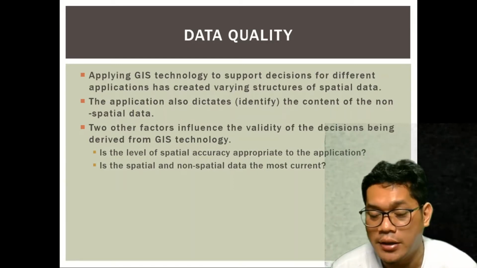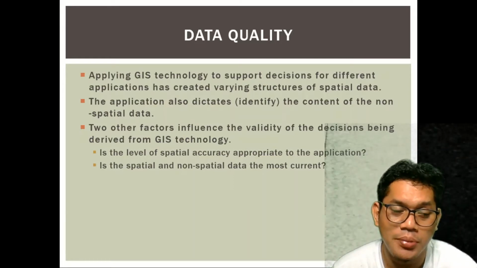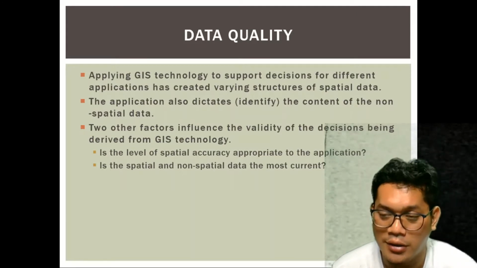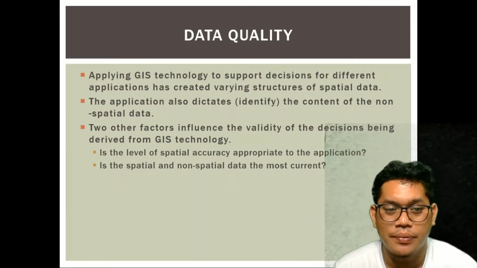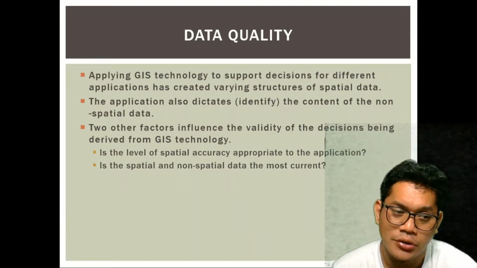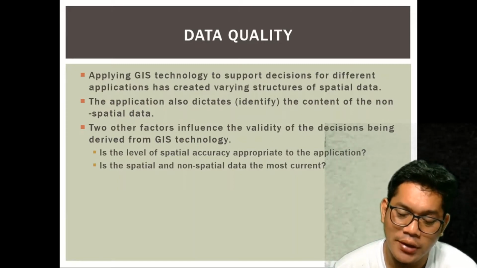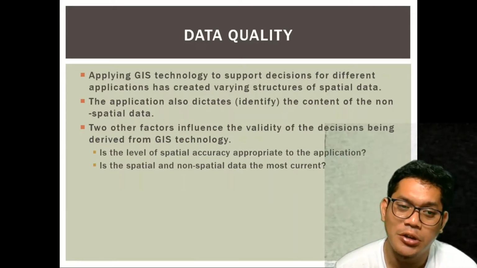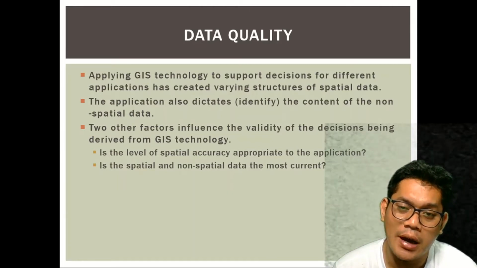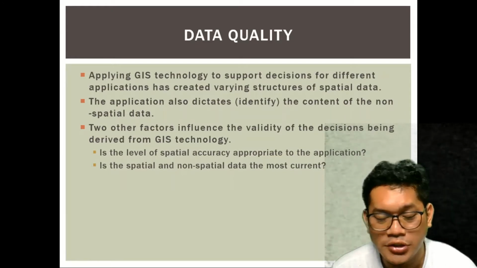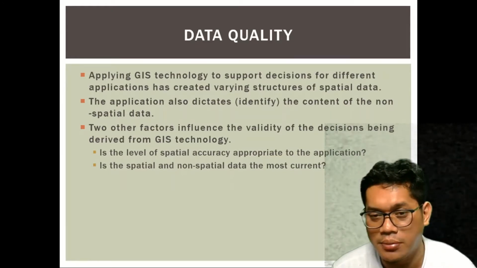So this could be a debate on how accurate the data needs to be, how we want to locate this person. And are the spatial and non-spatial data the most current? During the COVID-19 pandemic, we saw how GIS was used to give updates on the number of positive cases all over the region, in Malaysia, in Indonesia, and more.